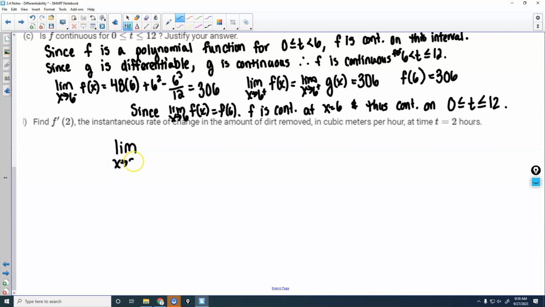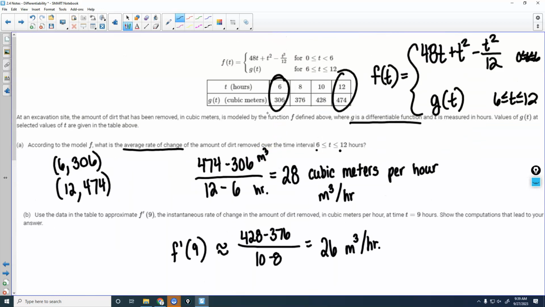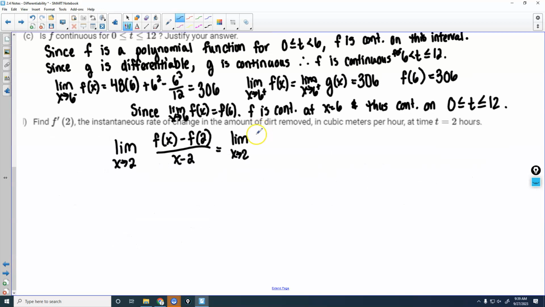as x approaches 2 of f of x minus f of 2 over x minus 2, which for this one is the limit as x approaches 2 of, let's see, what was it? It was 48t plus t squared minus t to the third over 12, over x minus 2.